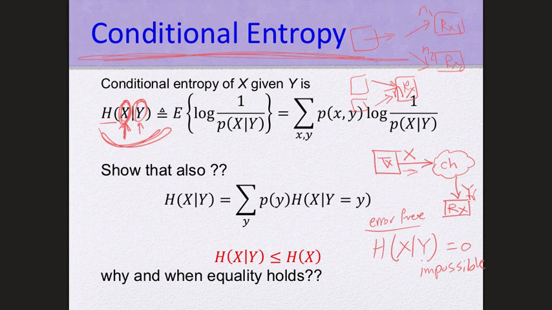Going back here, any communication channel will at least have noise added at the receiver, which means that I send X, I receive Y, which is equal to X plus some noise, right? So I don't receive exactly the same signal.